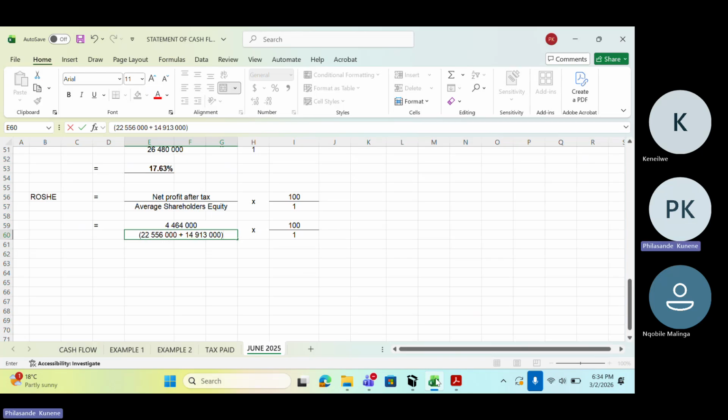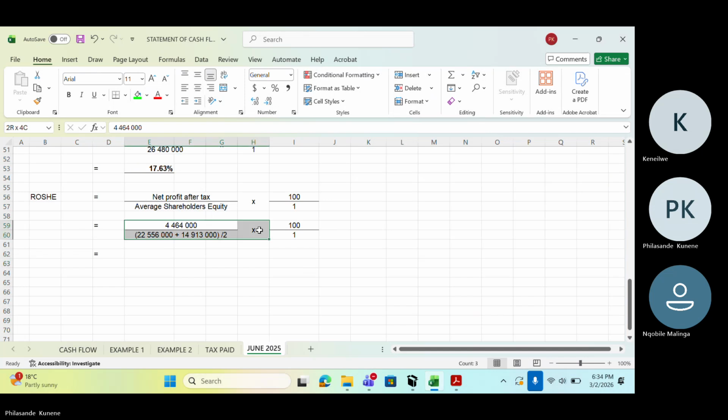Then we divide by 2, because these two amounts we must divide them by 2. Okay, then what do we do after that? I'll say is equal to. Now let's do this calculation here, guys. The one at the denominator.